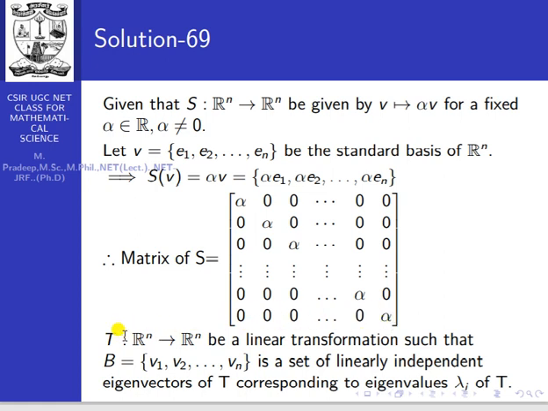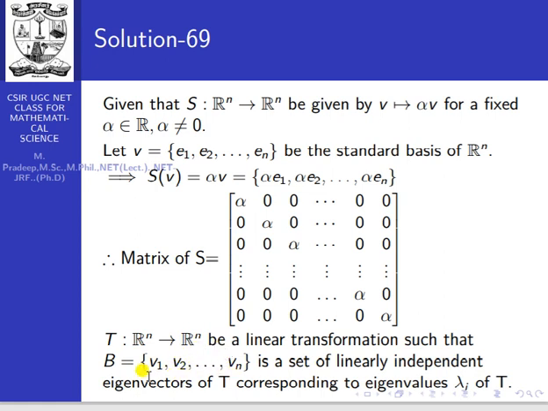Okay, this is the matrix of S. Now T from R^n to R^n is a linear transformation such that B equal to {v1, v2, ..., vn} is a set of linearly independent eigenvectors of T corresponding to eigenvalue lambda i of T. That is the given hypothesis.